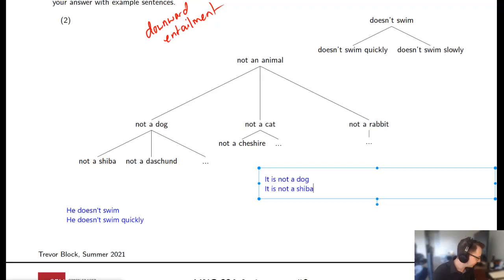It can just be a Dachshund or a Corgi or something else. So in this case, you have the negated general entailing the negated specific. So this is downward entailment. So basically, when you negate them, the direction of entailment changes.